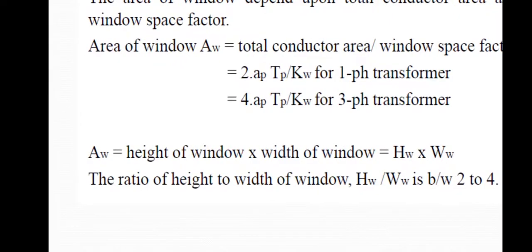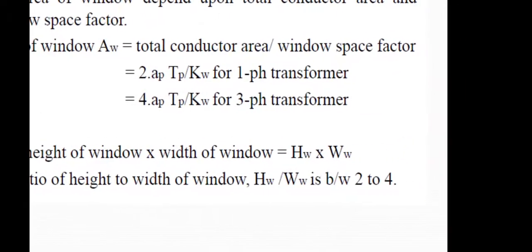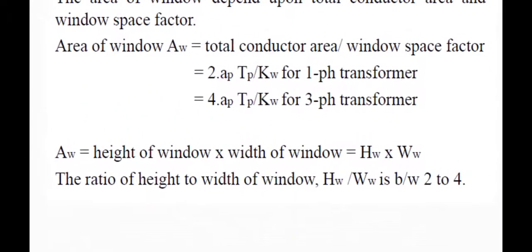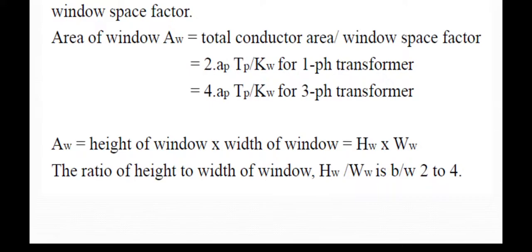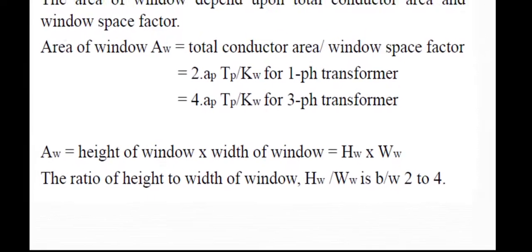This equation is for single phase and three phase transformers. And the area of the window can also be found out by Hw into Ww, where the ratio of Hw to the width of the window lies between 2 to 4.